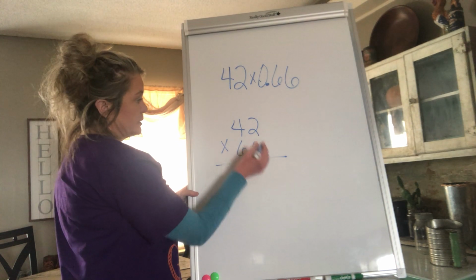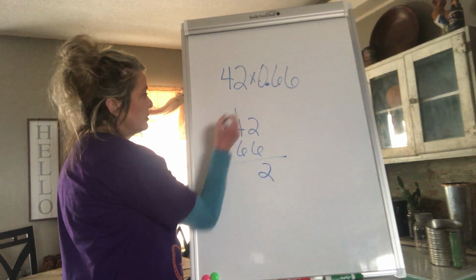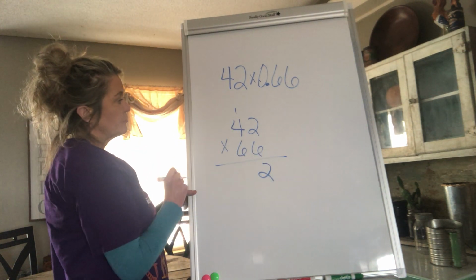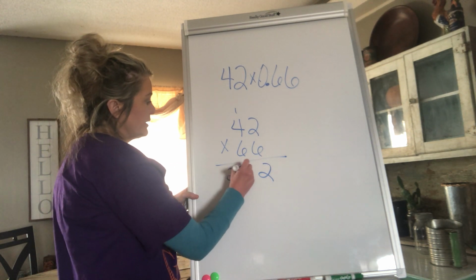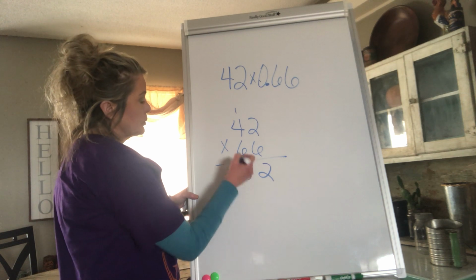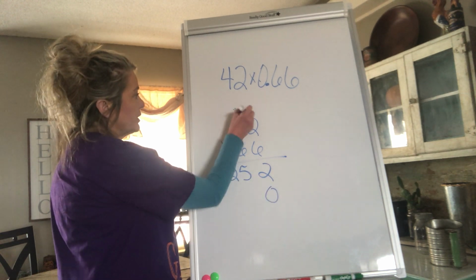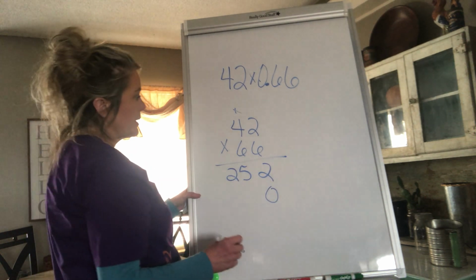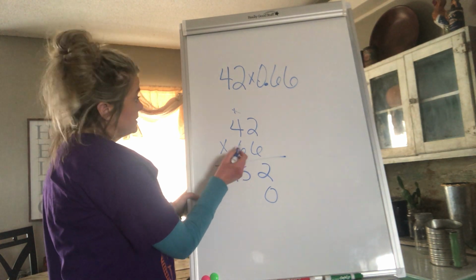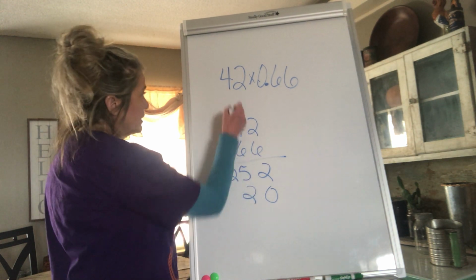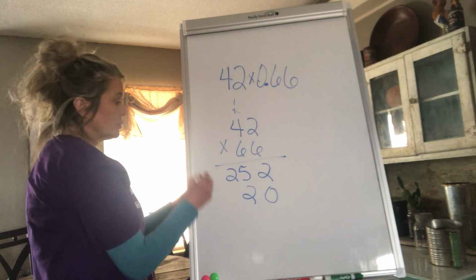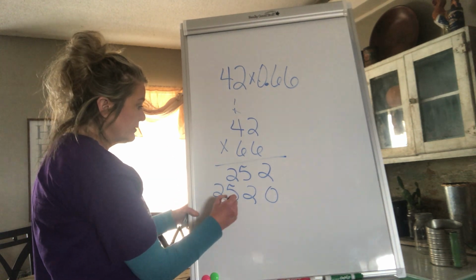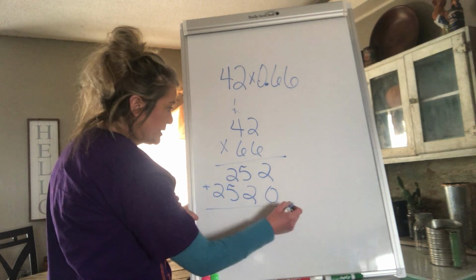So we have 6 times 2 is 12, carry the 1. 6 times 4 is 24, plus the 1 that we carried is 25. Don't forget your placeholder 0. And we've already used that carryover, so we can mark him out. And again, 6 times 2 is 12, carry the 1. 6 times 4 is still 24, plus the 1 that we carried is 25. We add them together.